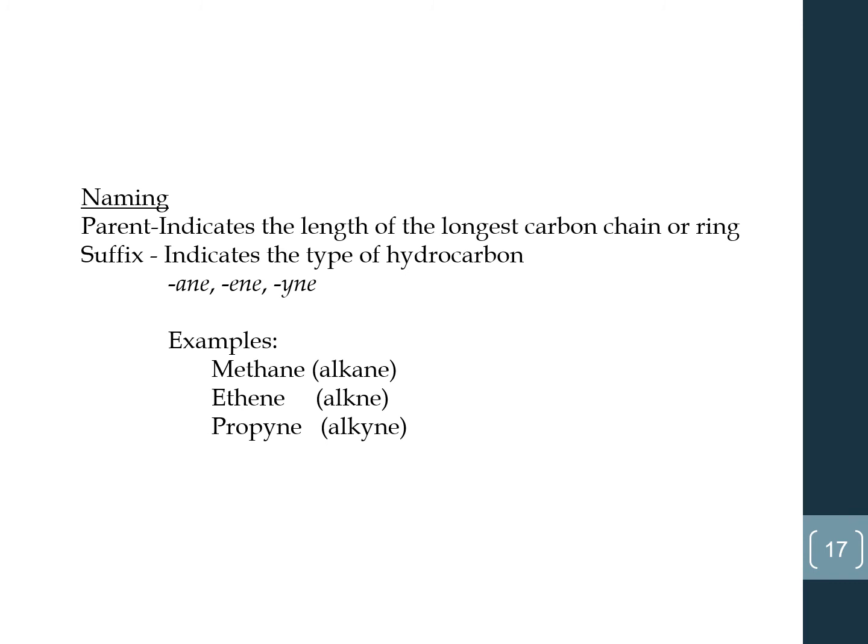So this is just a summary. Okay? The beginning, which is here the parent, is telling you the length, or how many carbons. The ending, which is this part here, the suffix, is telling you which specific type.